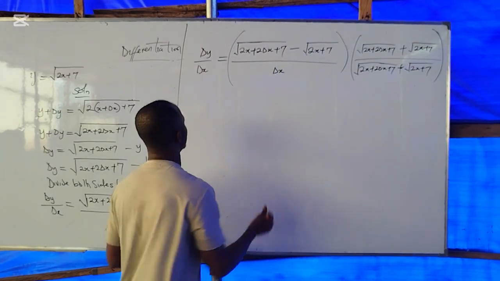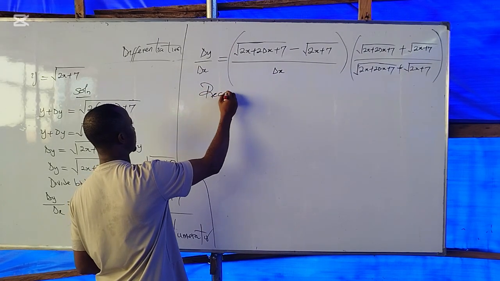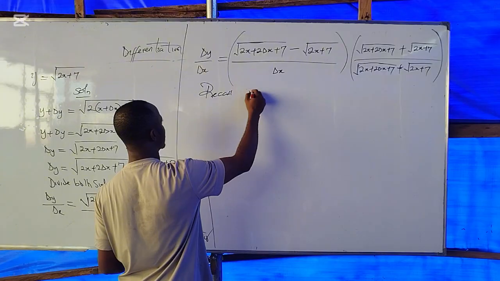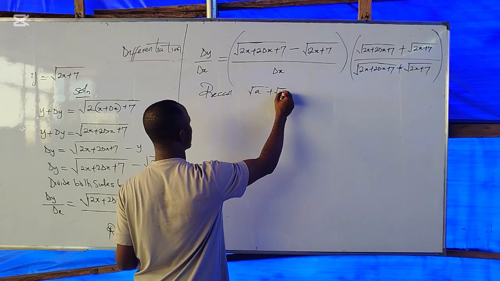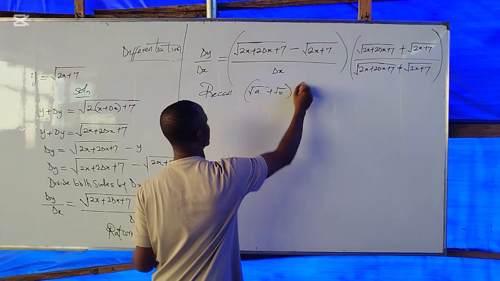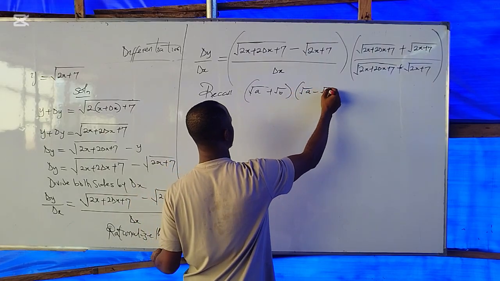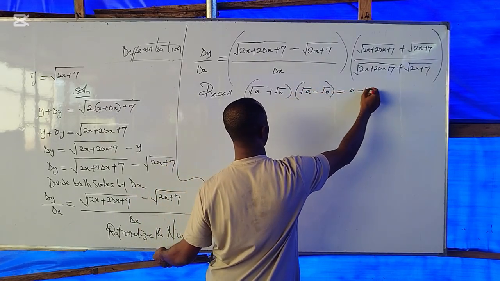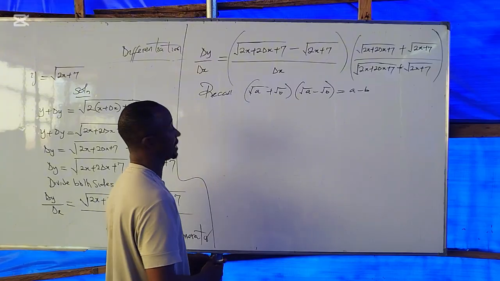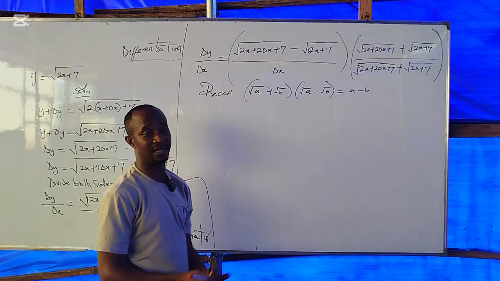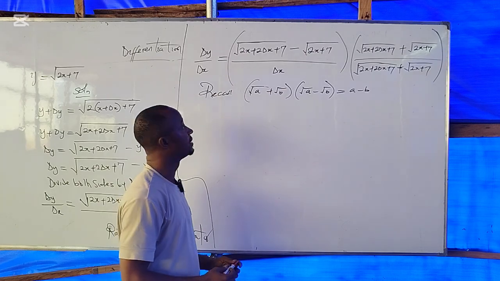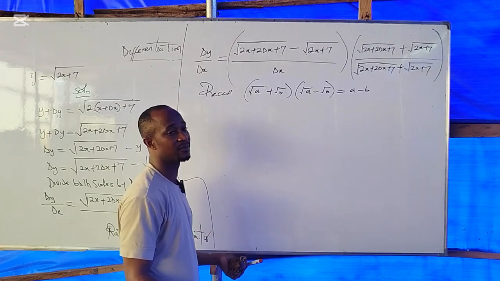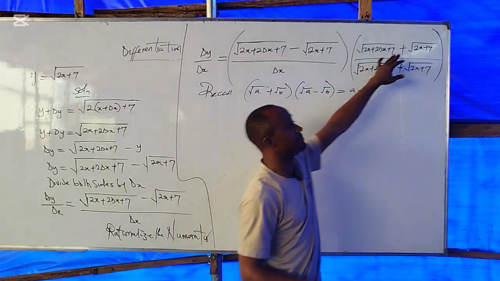Now you should know what will happen here. Should we recall? Root a plus root b times root a minus root b is equal to what? That means that we can evaluate the numerator. It can be different now: if here is plus, there will be minus.